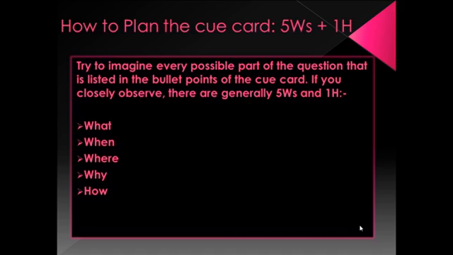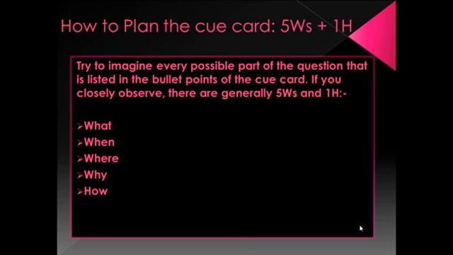Okay, so in order to plan the cue card, there is a strategy. What strategy is there? In order to discover that strategy, you must know the structure of the question that has already been asked of you. If you observe closely, you will see that there are 5 W's and 1 H in the bullet points of the cue card.